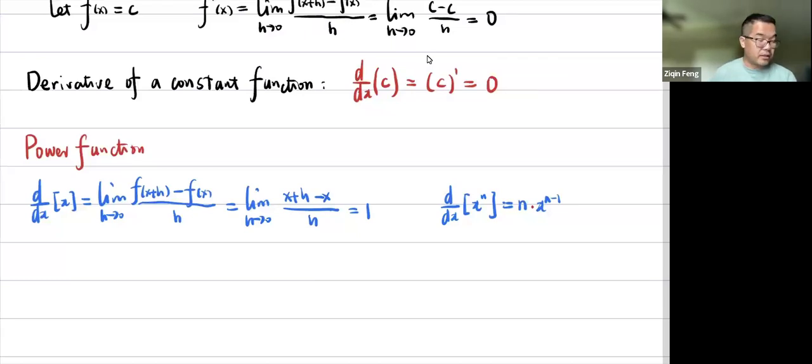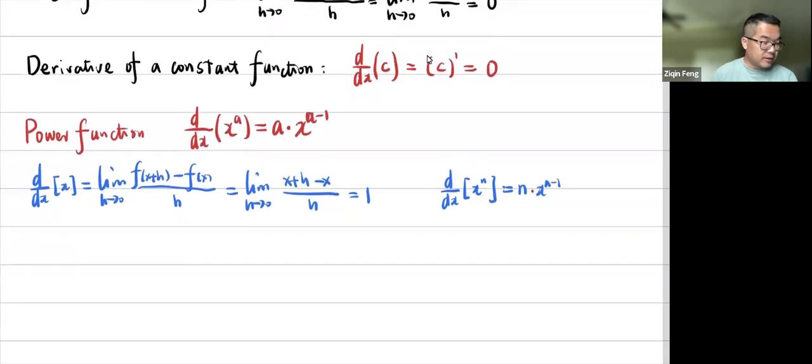So this is always true. This is our power rule: d over dx of x to the a equals a times x to the a minus 1.